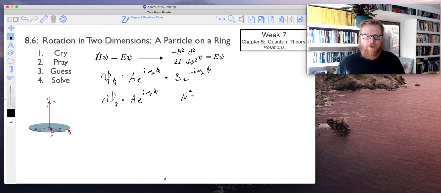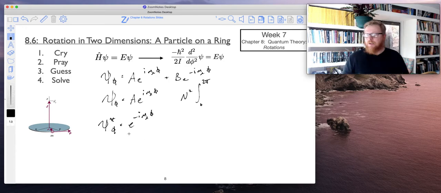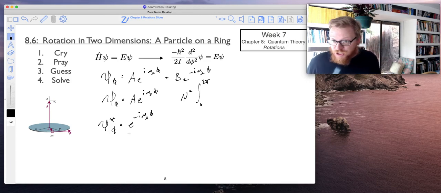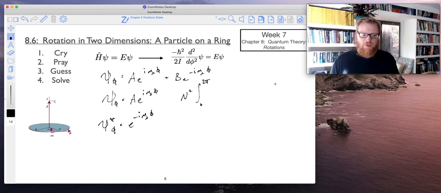They're gone, so we're just going to go from 0 to 2 pi. I'm replacing my a with my n squared. And now we have to remember, because that's got an i in it, my psi star has negative i m_l phi. So that's really important. I have to consider that conjugate now, because we're dealing with i's.